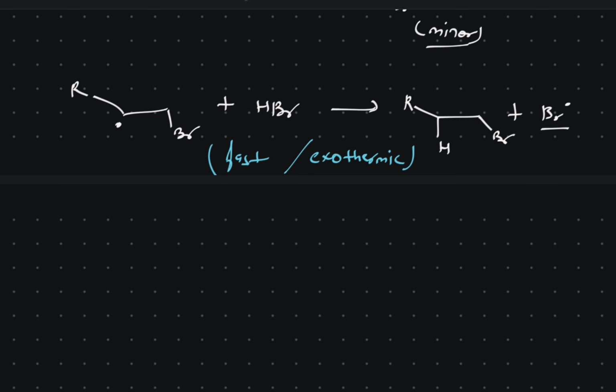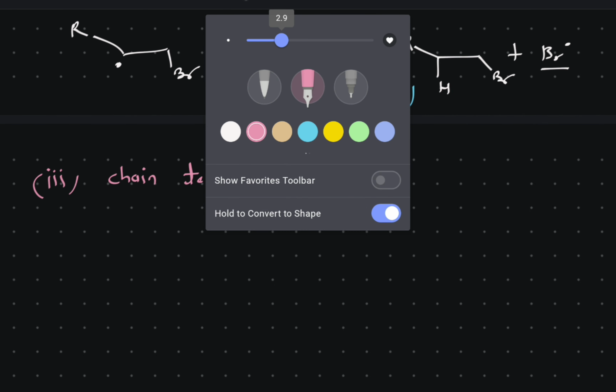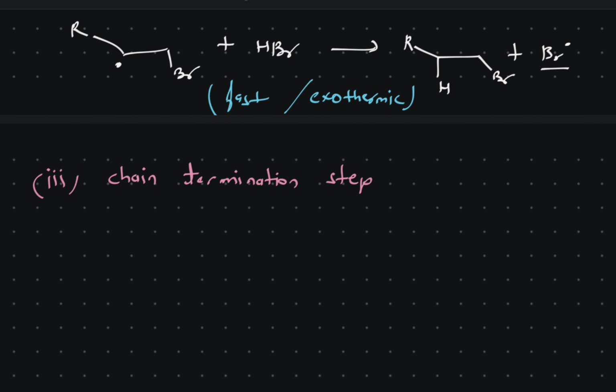The third one is the chain termination step. This is the last step, where the reaction is completed. In this step, all the free radicals formed in the propagation step react with each other. For example, we have formed bromine radicals, so bromine will react with itself and form Br2.